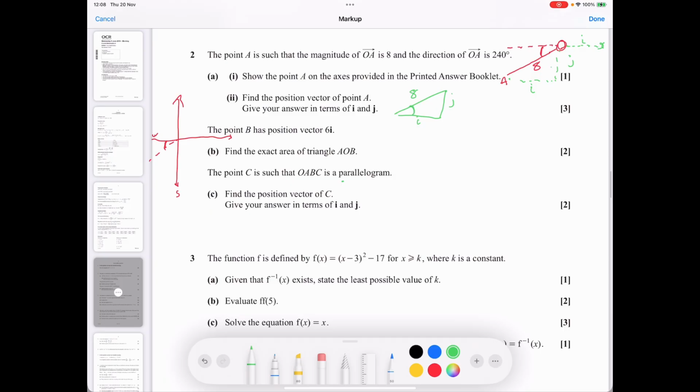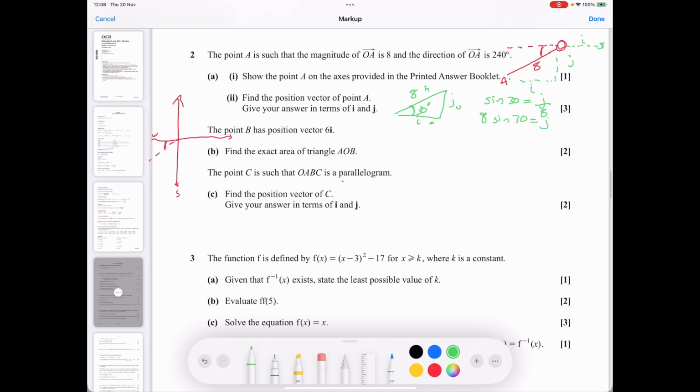And that is going to be 30, because we can use the parallel line rule. So we know that this is opposite, this is adjacent, and this is our hypotenuse. So sine 30 equals j over 8. So 8 sine 30 equals j.